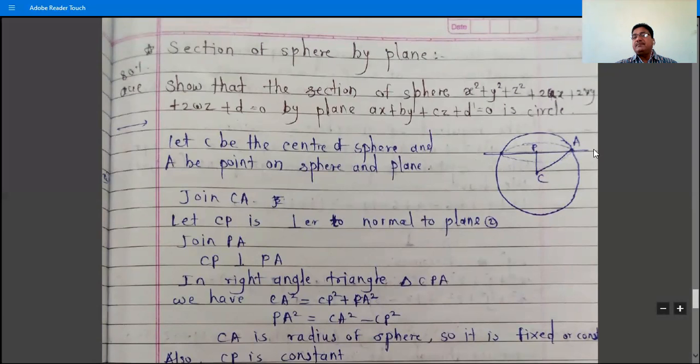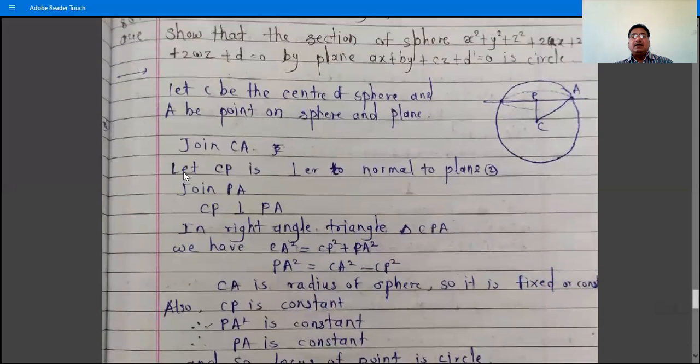Suppose this is the plane by which we take the section of the sphere. So this point A is on the plane as well as the sphere, one of the points of intersection. Then join CA, and also PC and PA.